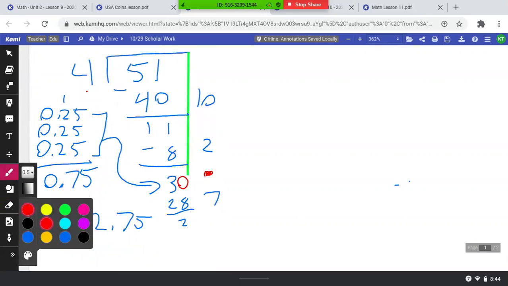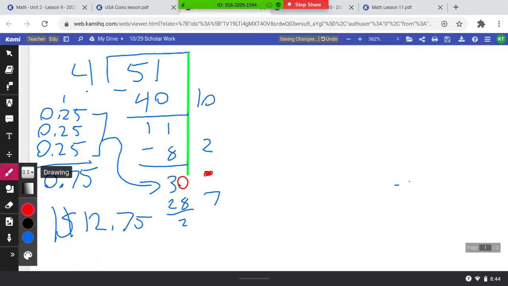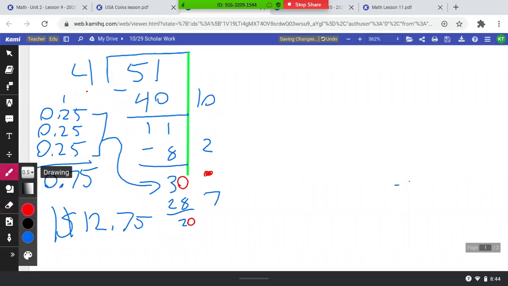Okay, well, since we're in that decimal, I can put another 0. So how many times does 4 go into 20? And that's 5.